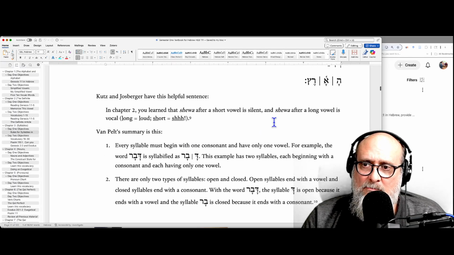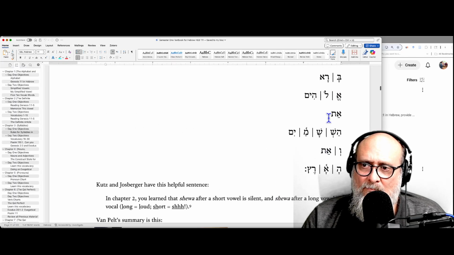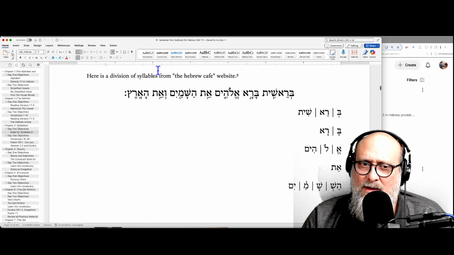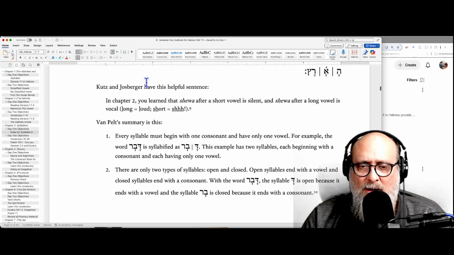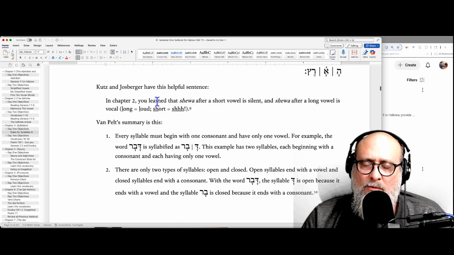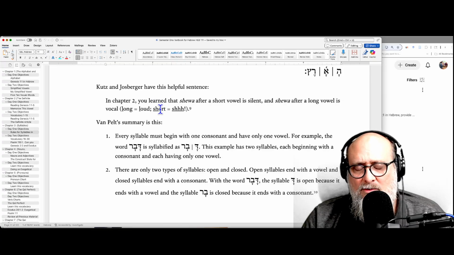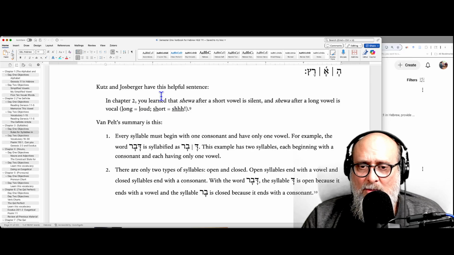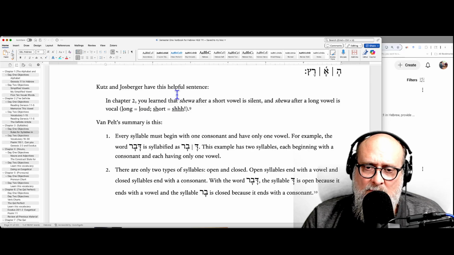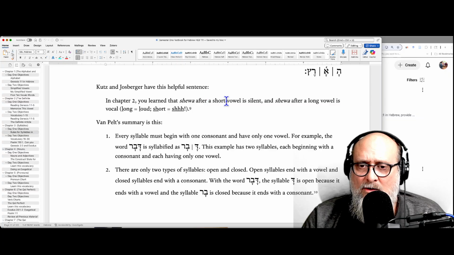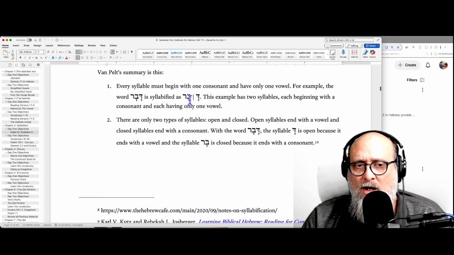And as we go through this, we'll point out places where that comes into play. But part of the reason for knowing open and closed syllables is so you can determine whether it's a short vowel or a long vowel, silent schwa or vocal schwa.